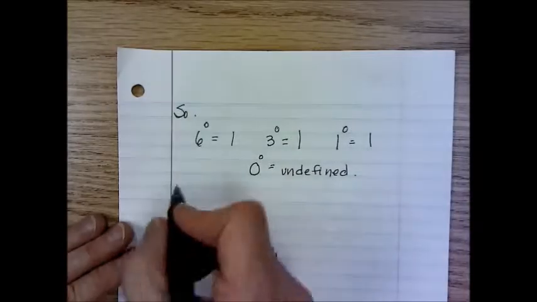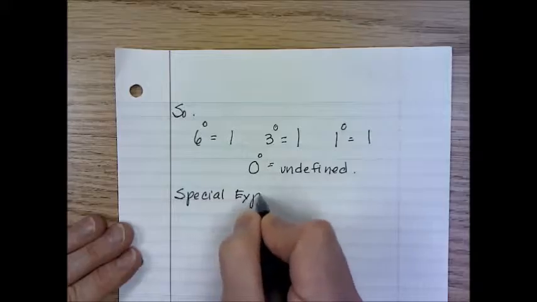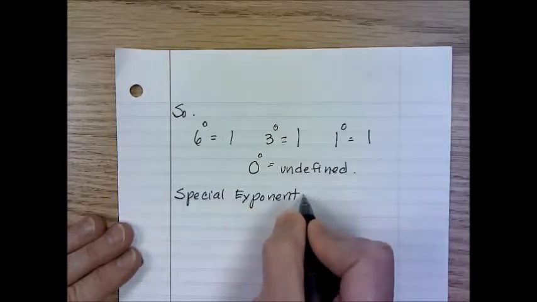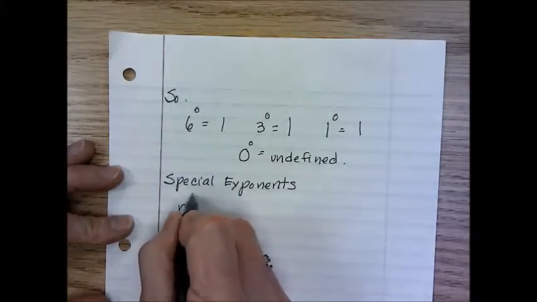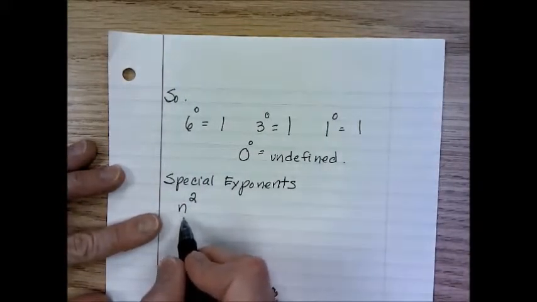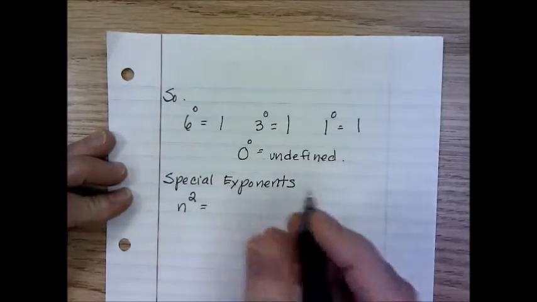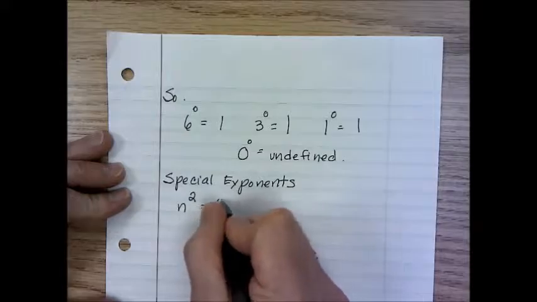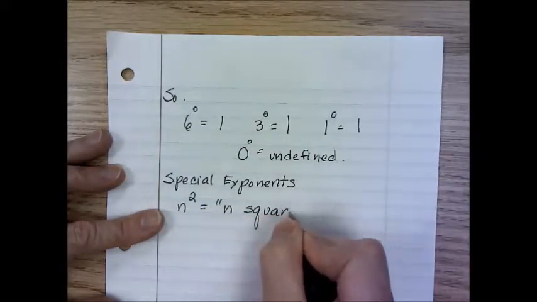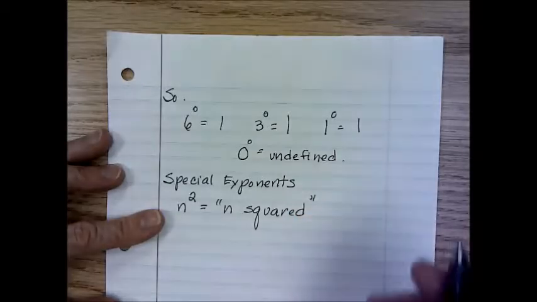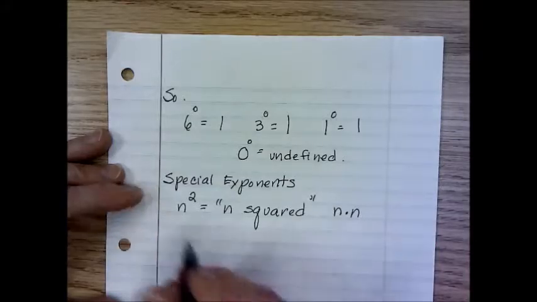Now, we have some special exponents. The first special exponent is the 2. In math, we use this exponent of 2 very, very often, and so this gets a special name. The way we would read this would be n squared. We are squaring n. That means that we are just doing n times n. There are 2 of them.